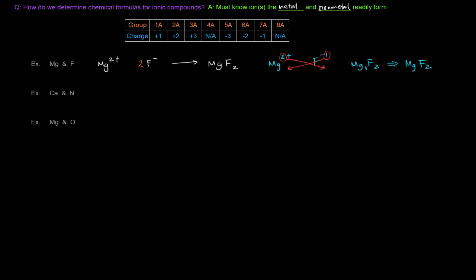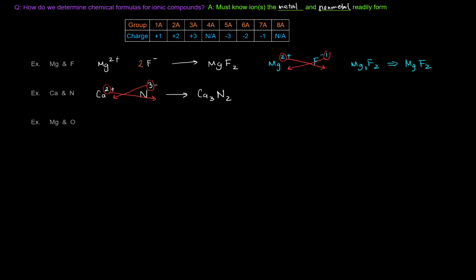If we did that quicker method for these others, we'd have calcium. Calcium is group 2A, so that would be Ca2+, and nitrogen is group 5A, so that would be N3-. With the crisscross method, 2 would be the subscript for the other element, and 3 would be the subscript here. So that would give us Ca3N2.